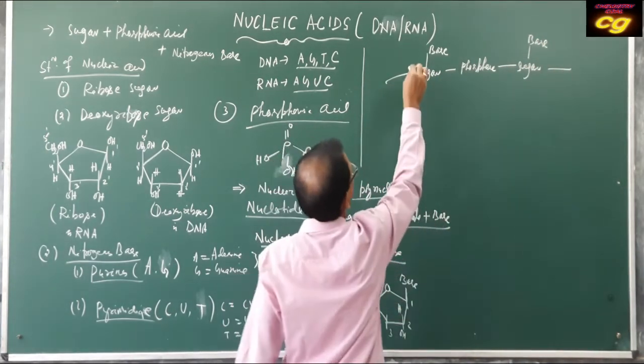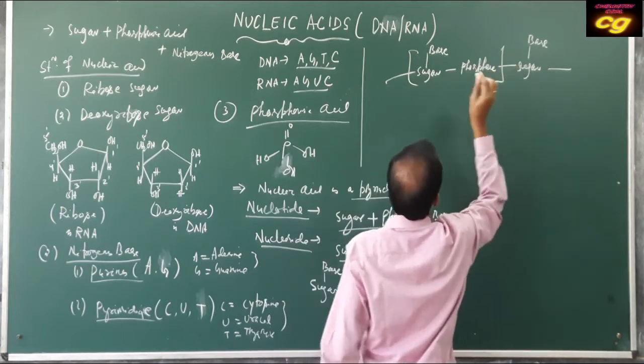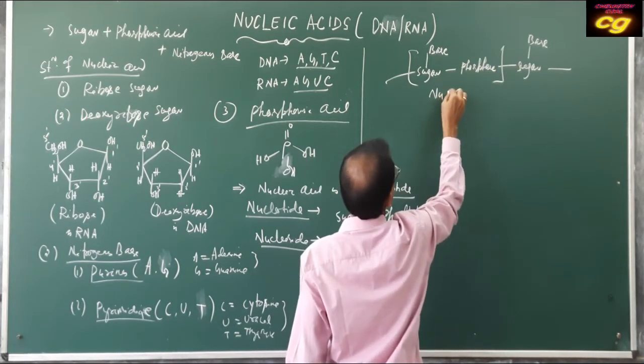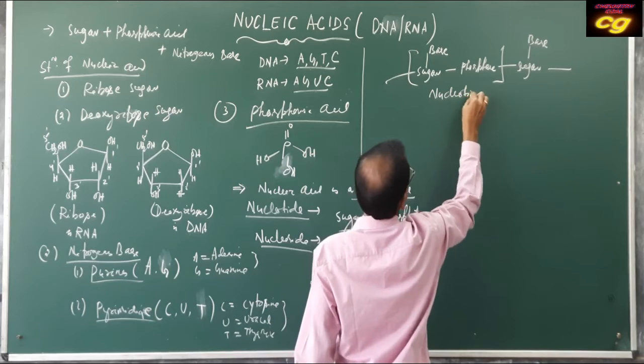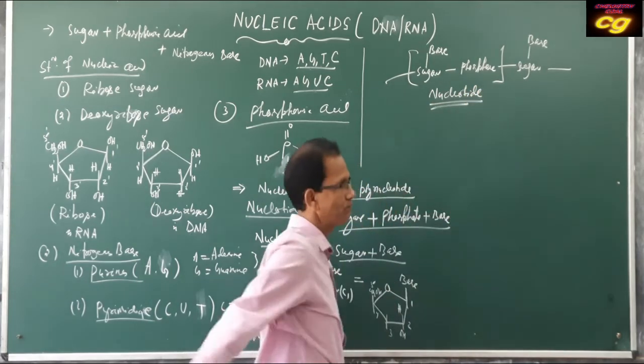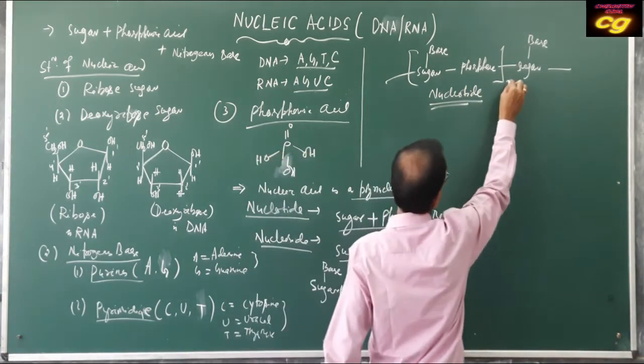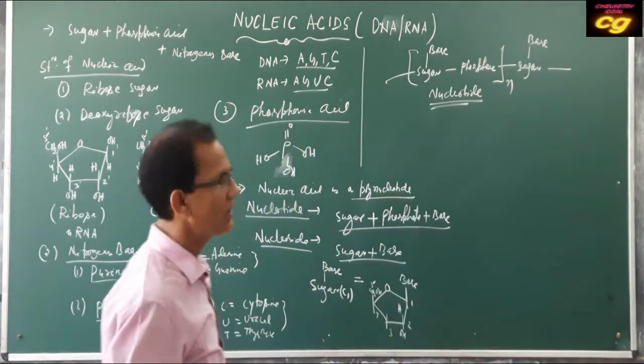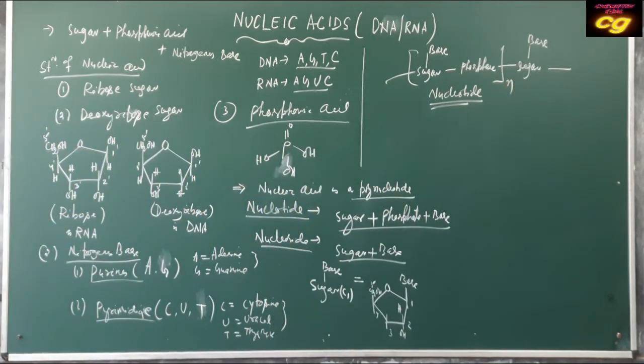So this is called a nucleotide. If there are n number of nucleotides, that is called a polynucleotide, forming nucleic acid.